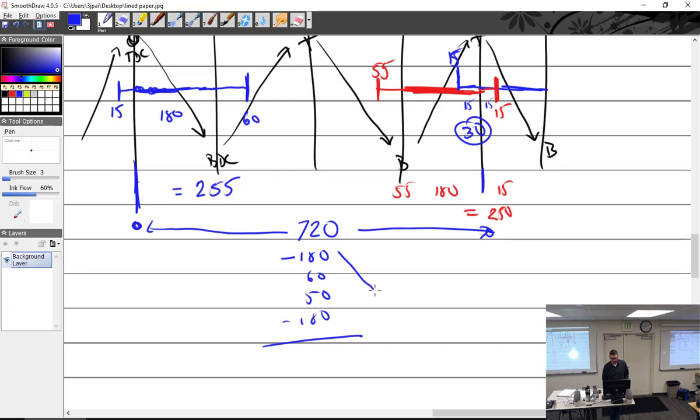How much is this right here? 470? So 720 minus 470 is? Do I need a calculator? Huh? I put down 50 instead of 55. Well, this is what happens when I bring in my calculator. Shouldn't it be 55?